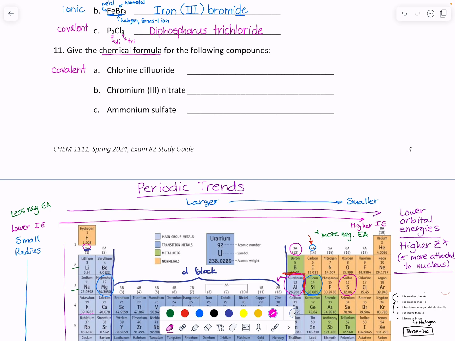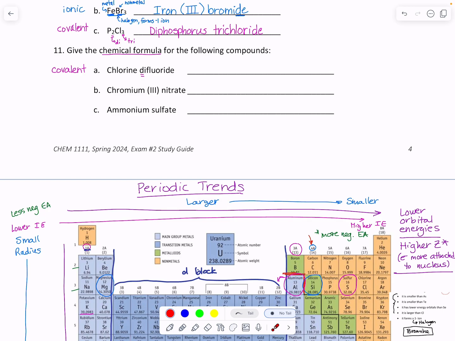Also, we can tell it's covalent because we have the di there. Anytime you see one of those number prefixes, you know that it has to be a covalent compound. Now let's look at the other compounds and then we'll go and write the formulas.